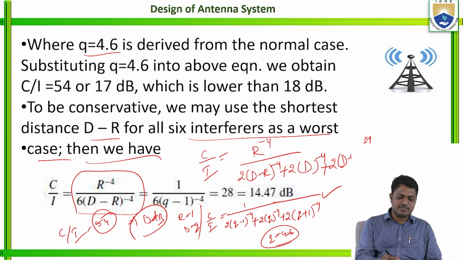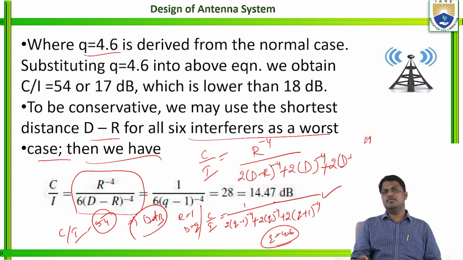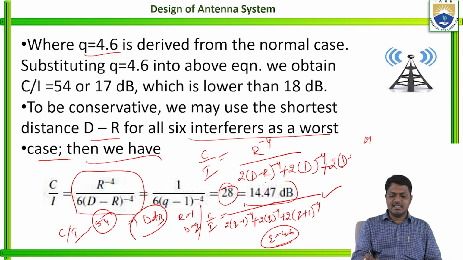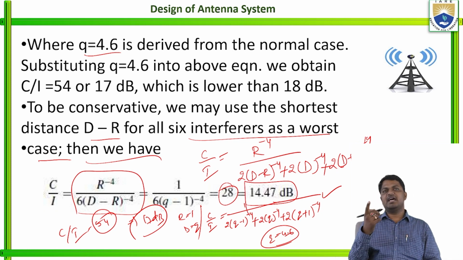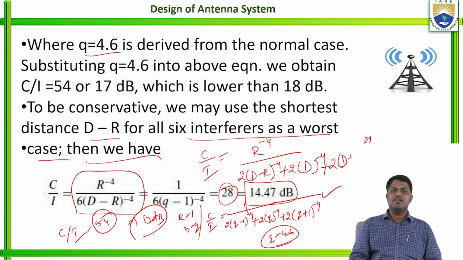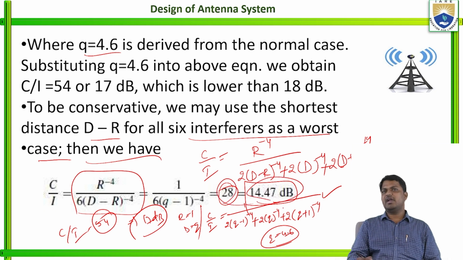Again substitute R equal to 1 and D equal to Q. Then again we are getting 28 here, which is less than 18, that is 14 dB. So when we consider 7 cells, we get the C by I value of 54. When 6 cells we are taking, we get the C by I value of 28, that is 14.47 dB in terms of dB.